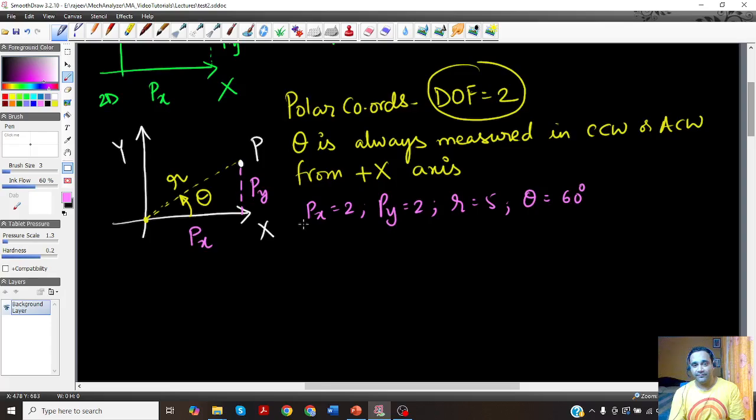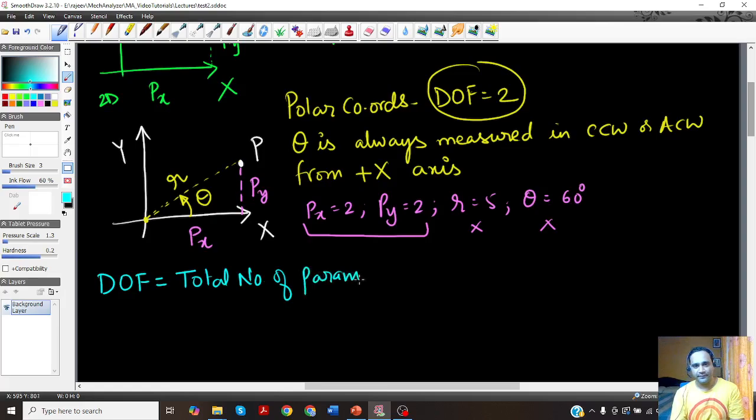That means if I finalize the values of px and py as 2 and 2, this r and theta cannot have random values. Okay, so that means there is another definition of degree of freedom that we can also say is: degree of freedom is total number of parameters minus number of constraints or constraint equations.